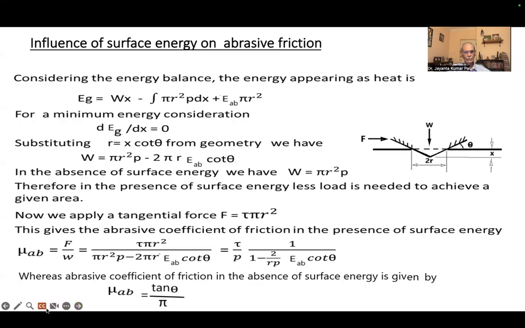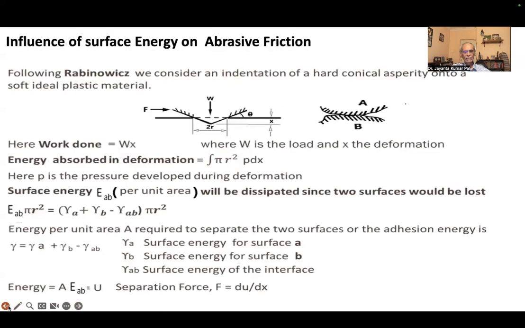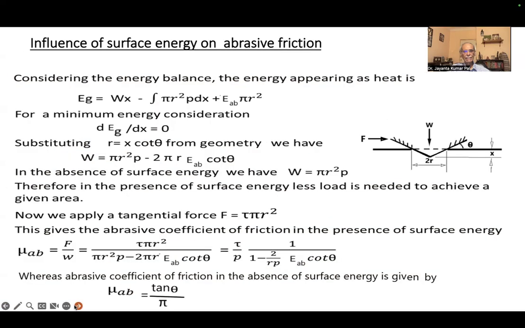Again, if you go back to the previous slide, you can see that the surface energy which is dissipated is given by EAB per unit area. So we can write EAB into pi r squared. So the total energy which is coming out as heat is equal to Wx minus the integral of pi r squared p dx plus EAB pi r squared.